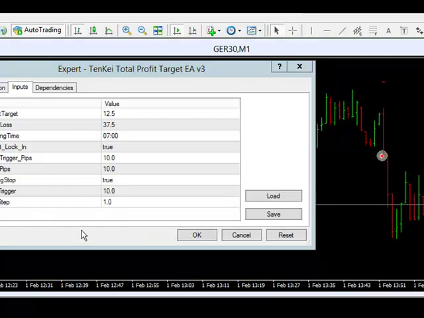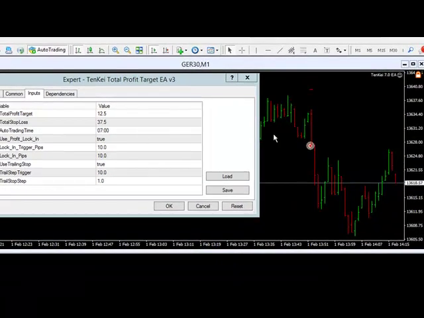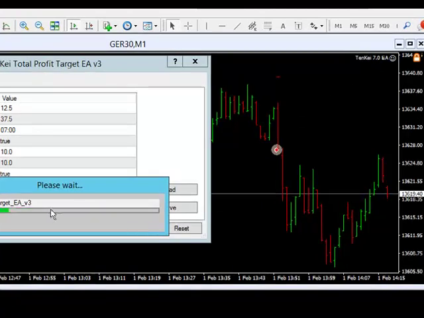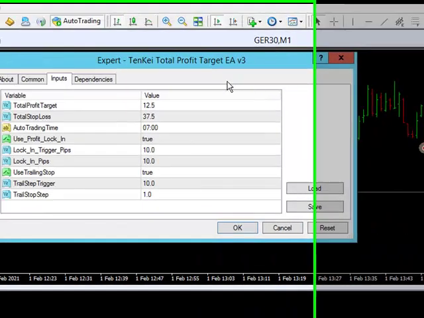Now you can see here every so often your EA will reload like this.